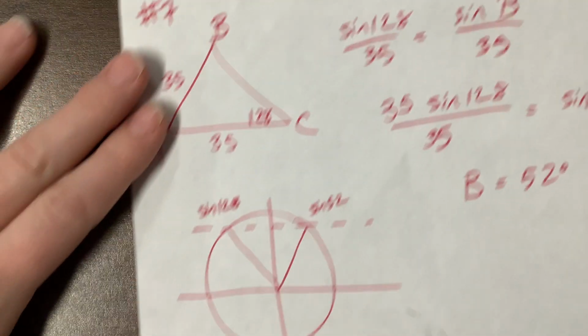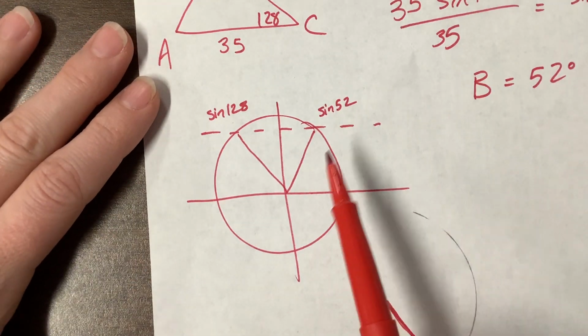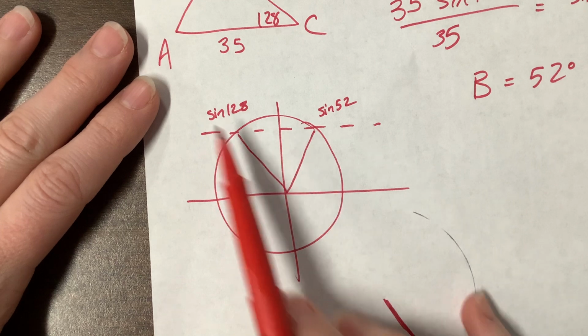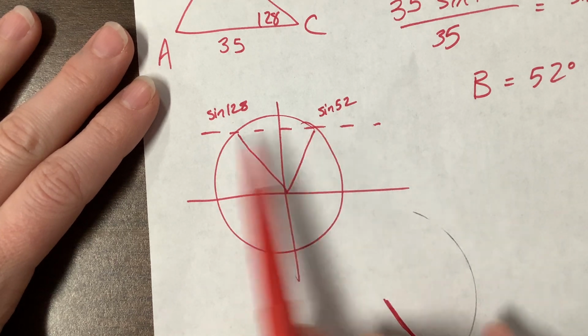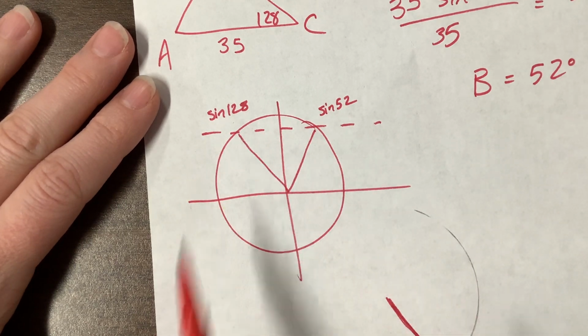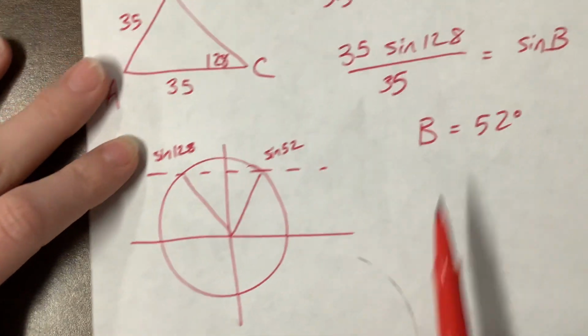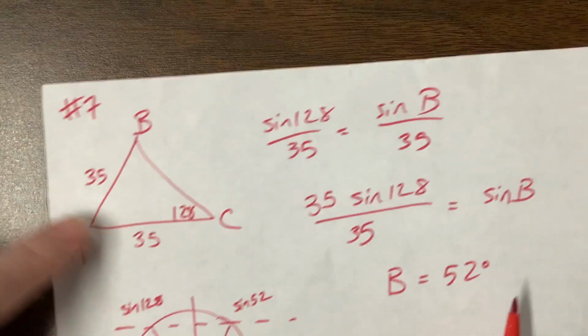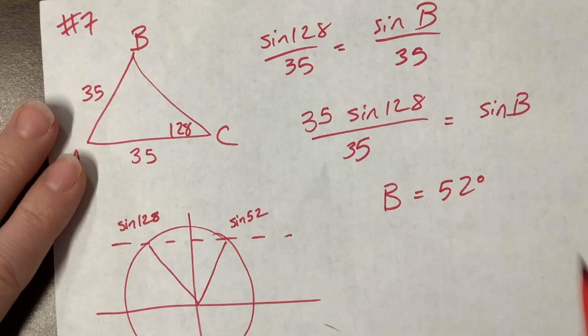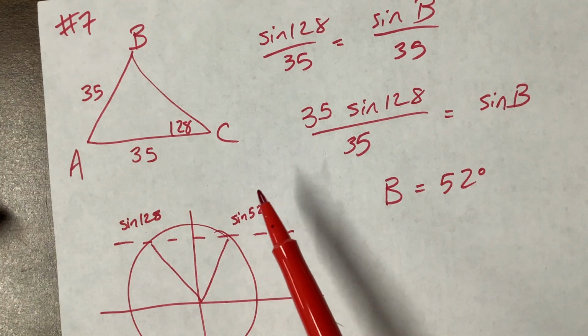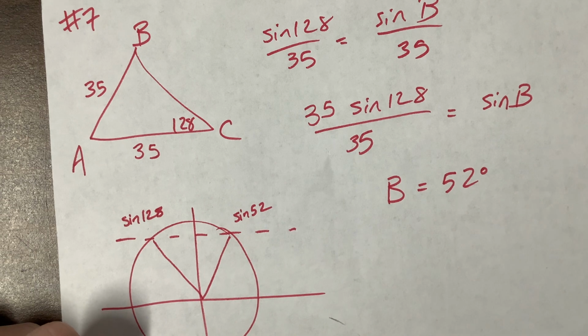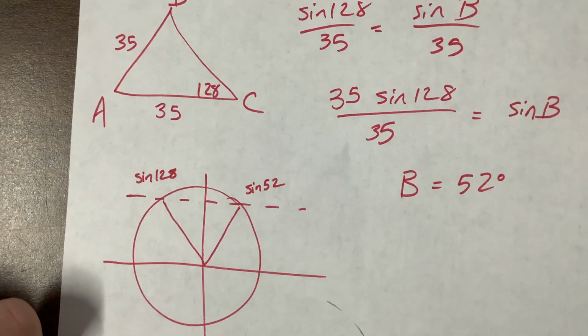Another way to think about it is, on the unit circle, sine of 52 and sine of 128 have the same value because they're the same y value. So the answer that we found was the supplement to the angle that was already there, and we can't make a triangle because we already have 2 angles adding up to 180. That doesn't leave us room for a third angle.